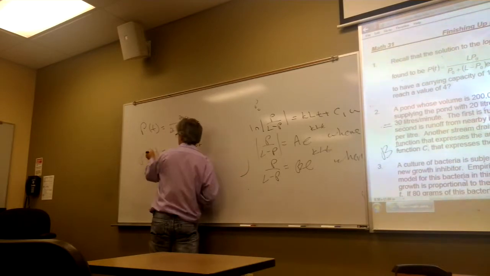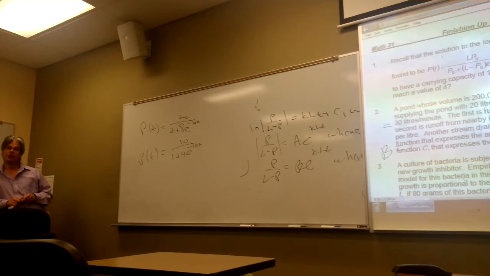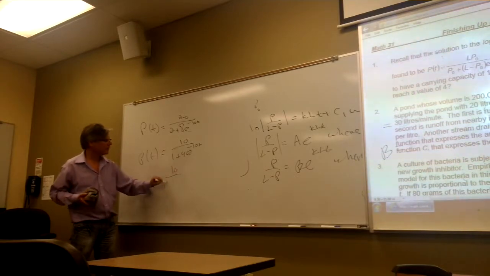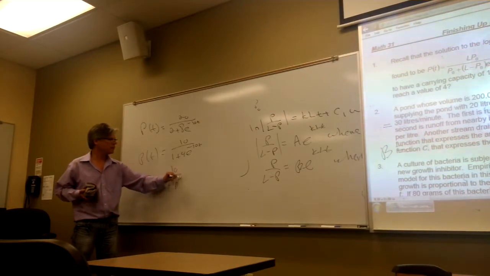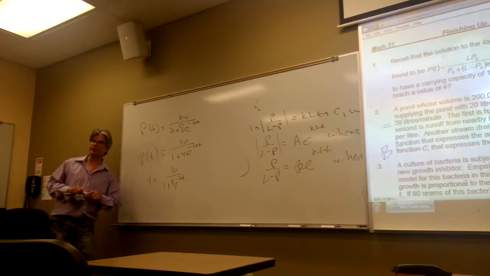And if that's my mathematical model, then how do I actually answer my question? Plug 4 in for P of t, and solve for t. Sorry, now I want to solve for t, I should say.